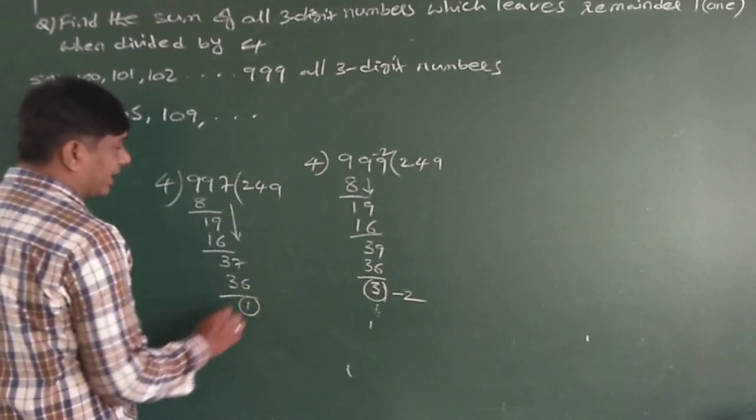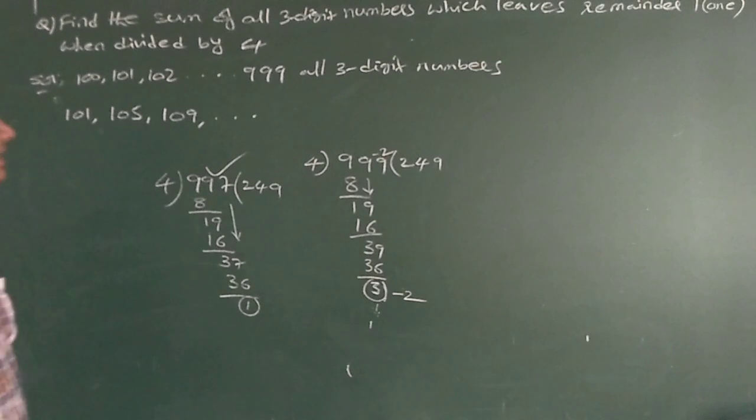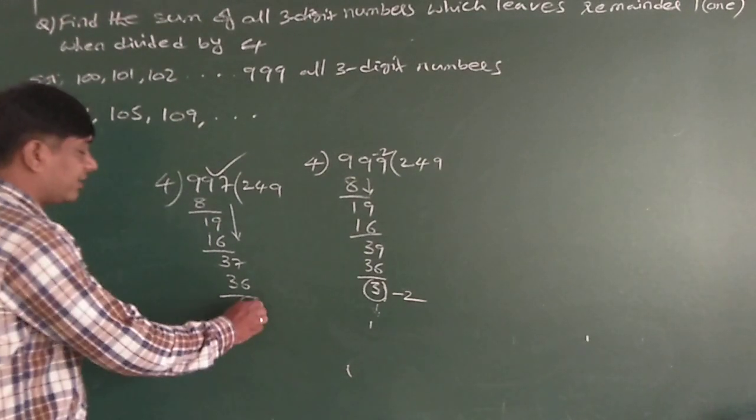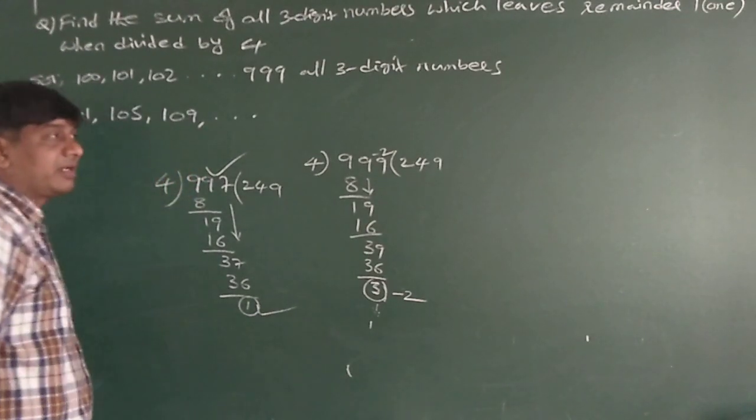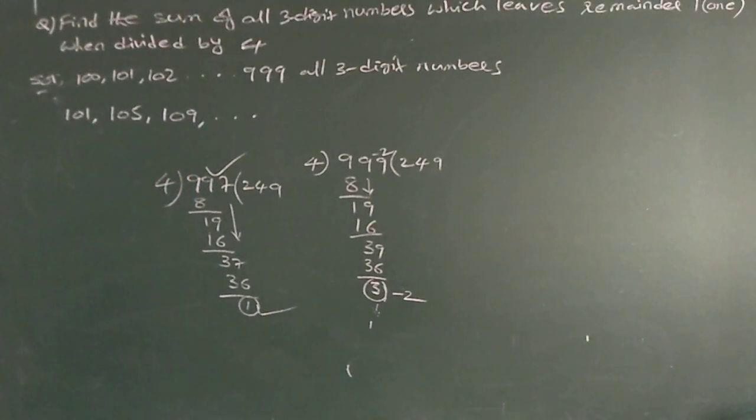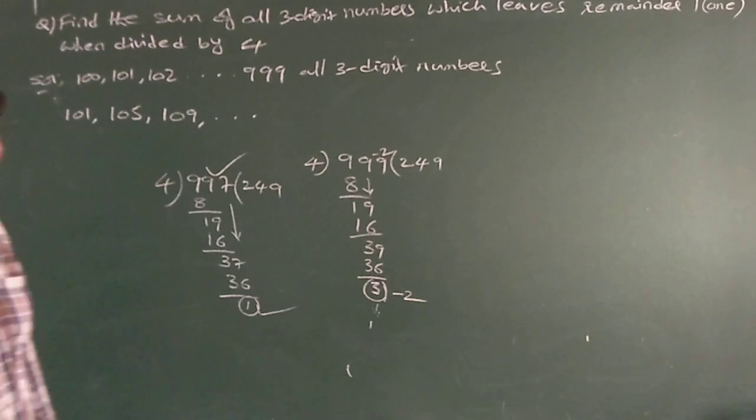Now I got remainder 1. So 997 is the last 3-digit number which leaves remainder 1.